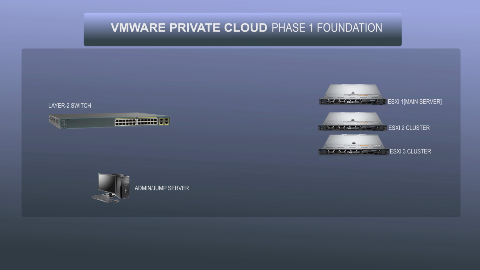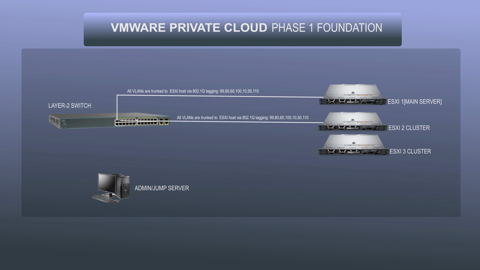Trunk port 1 goes to ESXi1, trunk port 2 goes to ESXi2, and trunk port 3 goes to ESXi3. All 3 of these ports are configured as 802.1Q trunk ports. That means each trunk carries all my core VLANs through one cable.